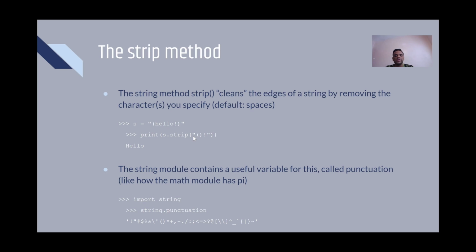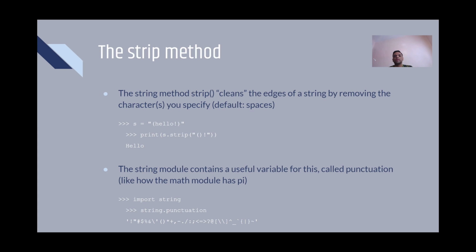So as you can see, it cleaned the edges. It only cleans the edges. If there was punctuation right in the middle, that's not going to go away, because remember, strip only cleans the edges. It does not clean anything in the middle. It only cleans the ends, unless you tell it to.